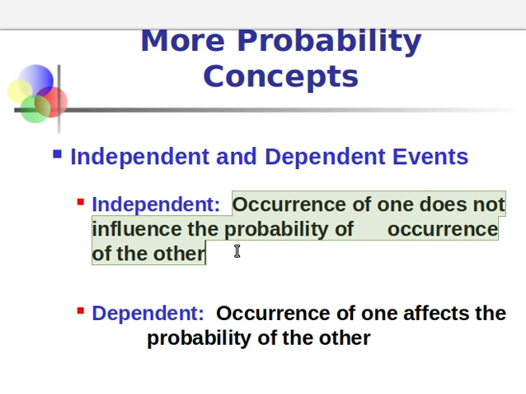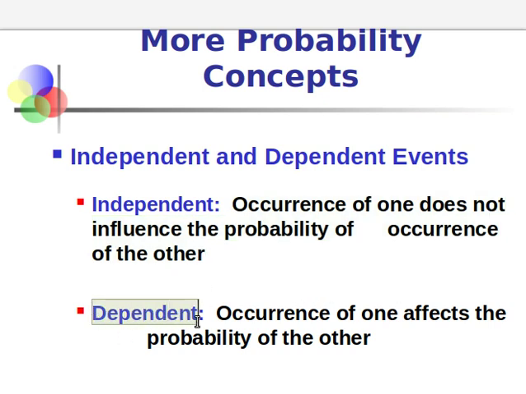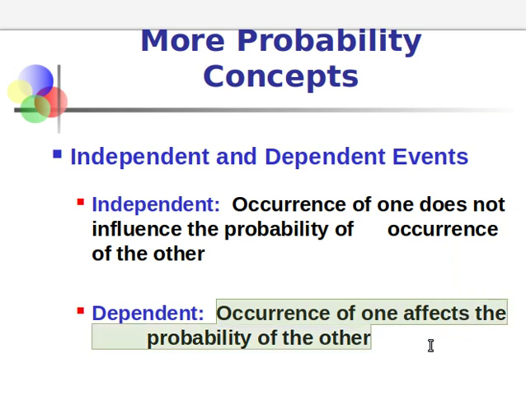They are independent. Whereas for dependent events, an occurrence of one affects the probability of the other.